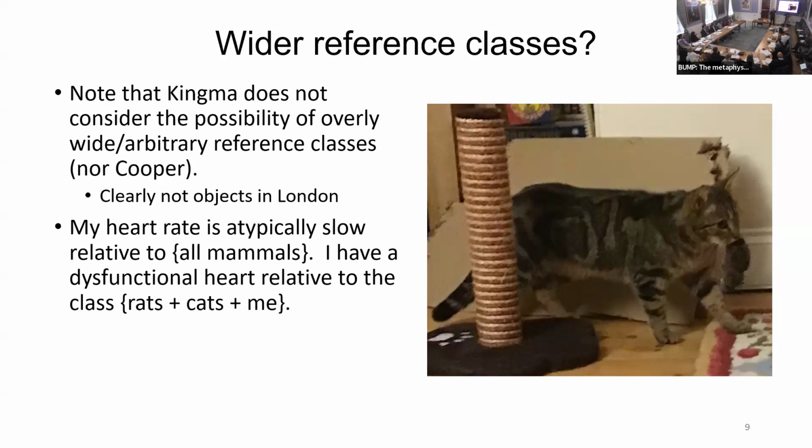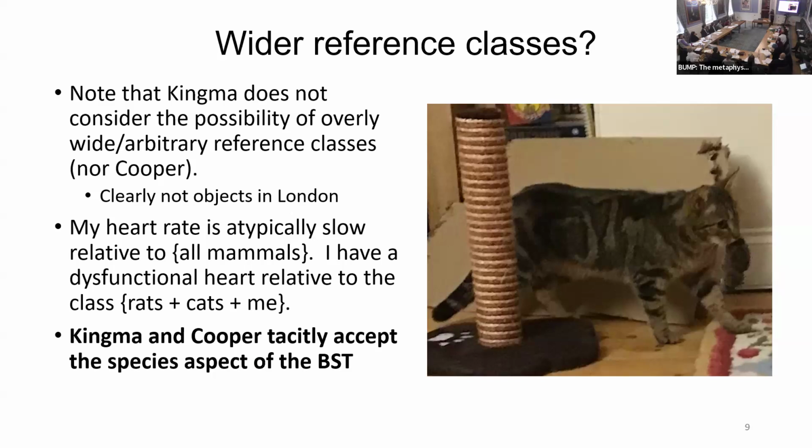So I'm completely atypical when it comes to those kinds of biological classifications. But this is never mentioned. So I take it that Kingma and Cooper tacitly accept that the species requirement is legitimate. That's unproblematic. But I think that if there's a genuine problem, then you would need to justify this one as well.